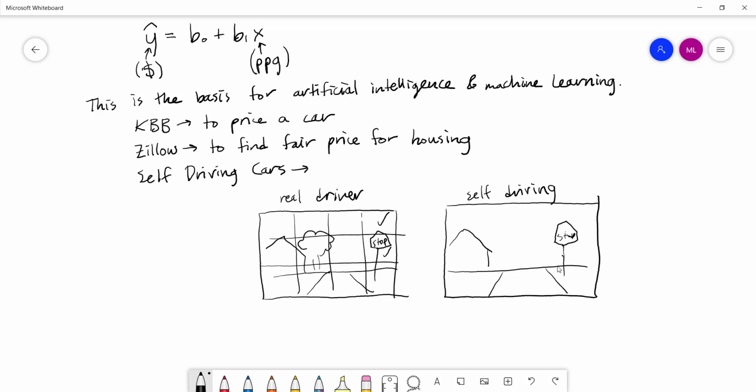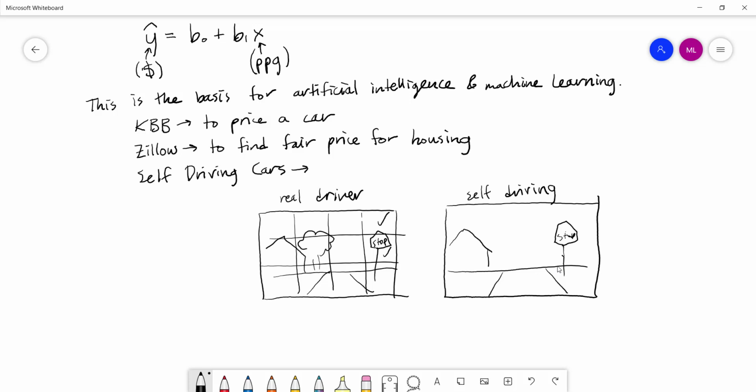It's a really powerful tool. It's really cool. Long story short, regression and what we're doing, the least squares regression line, is a tool that's at the heart of machine learning and artificial intelligence.